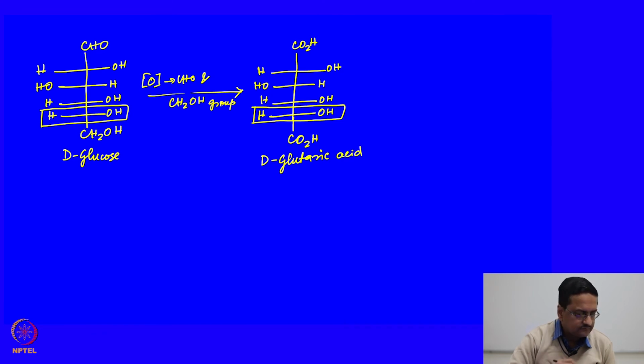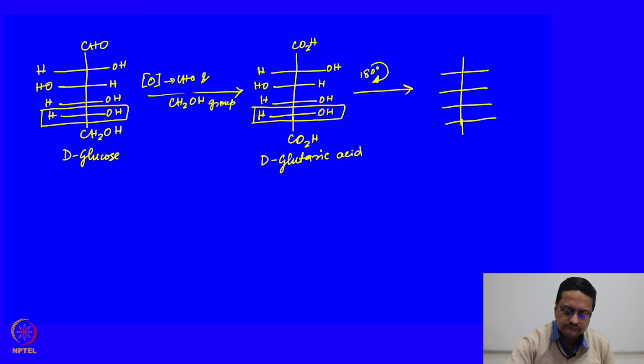But then if I rotate the molecule in plane by 180 degrees, what we get is this molecule. By rotating 180 degrees, these two OH groups will go to the left hand side at the top carbon.